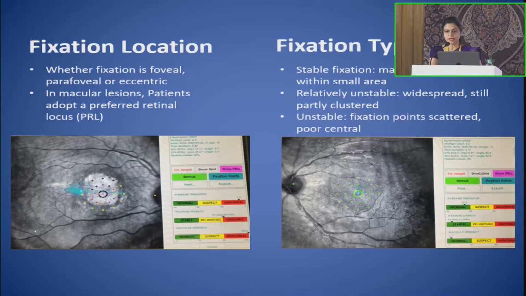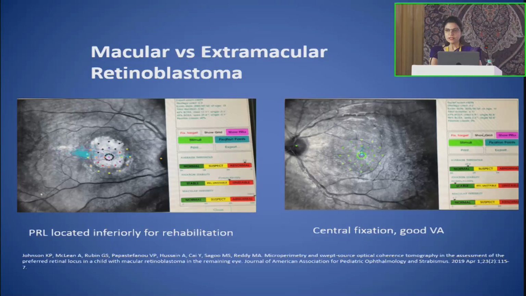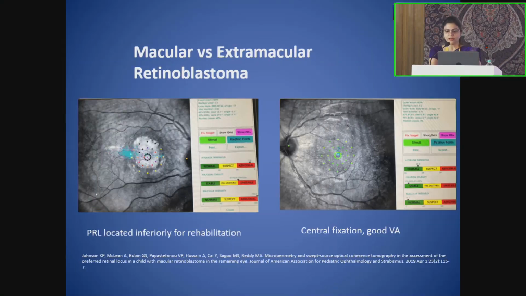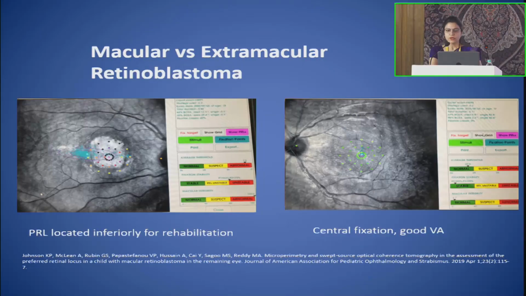Whereas in the extramacular, although the retinal sensitivity is preserved, it is less than normal value. Fixation location and fixation type is another parameter shown by the microperimetry. There is no such study conducted, but there is one case report published by Johnson KP where they performed microperimetry in the macular retinoblastoma to show the preferred retinal locus.